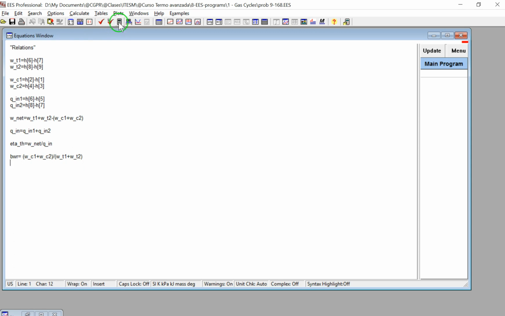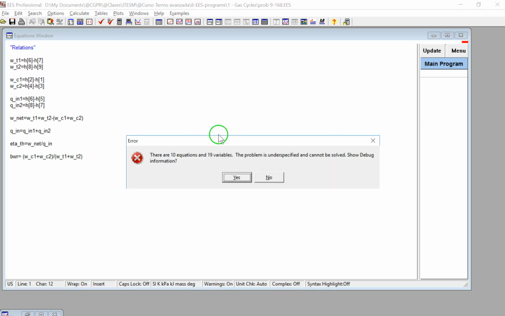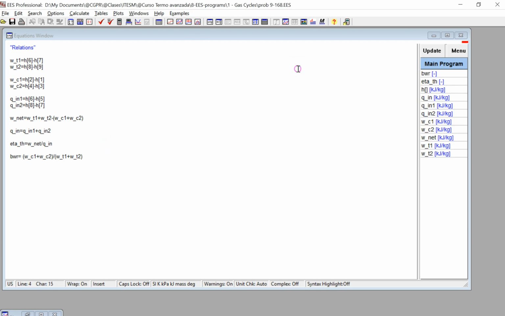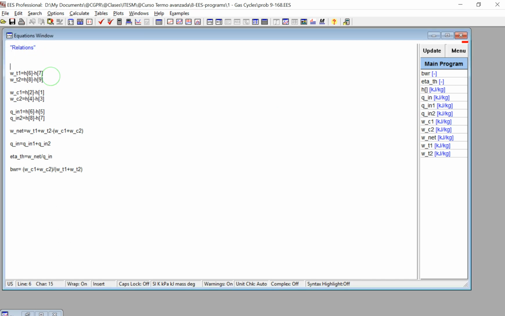If we press F2 at this point of time, we're going to get an error because all of these variables are not defined yet. We have 10 equations and 19 variables, so how do I get them? Well, the way we're going to do it is we're going to put them in comments, and put them at the end.